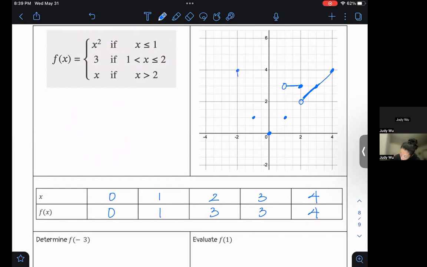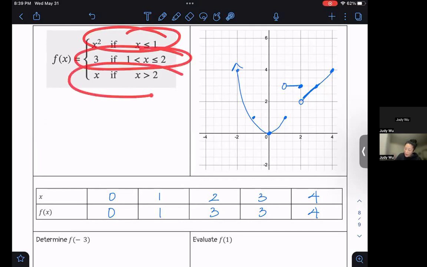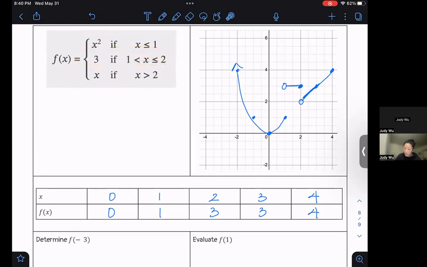So that would be like this part right here. All right. And so we basically have 3 different graphs, but we slice them up according to our intervals here, and then we glue them all back together into a picture, okay?